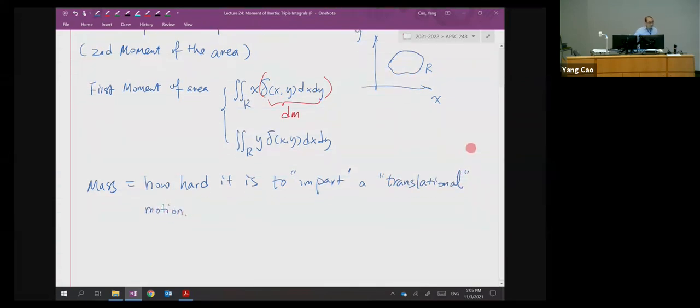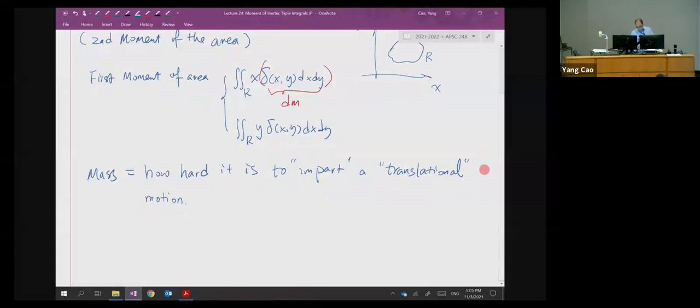You say this guy has a big mass, that guy has a smaller mass, right? What does that mean? It means how hard it is to impart a translational motion.